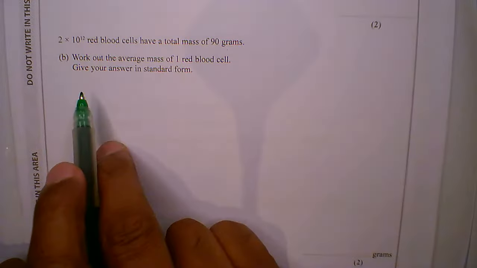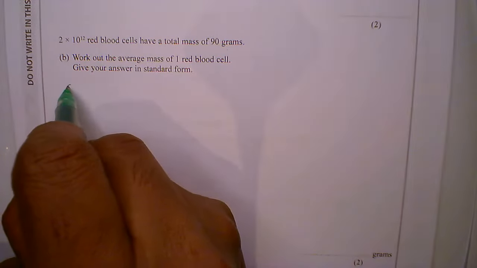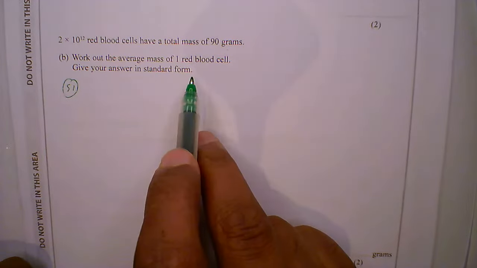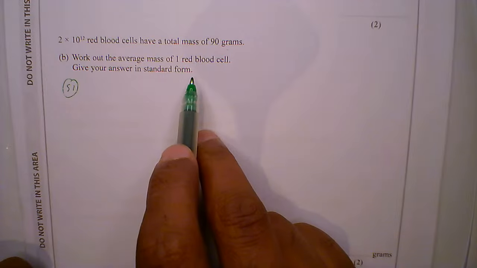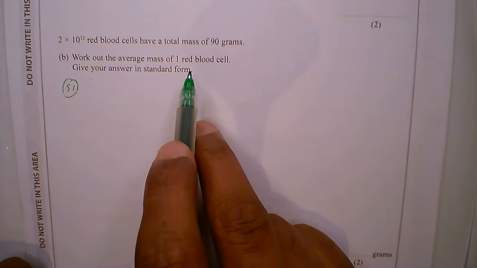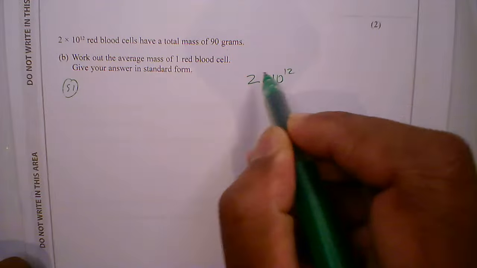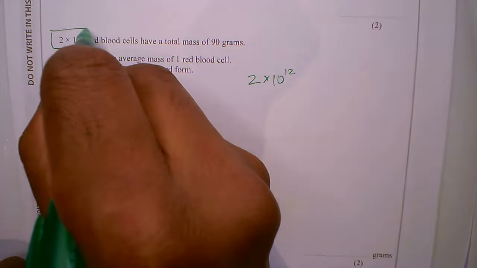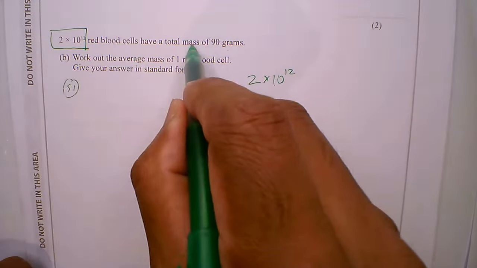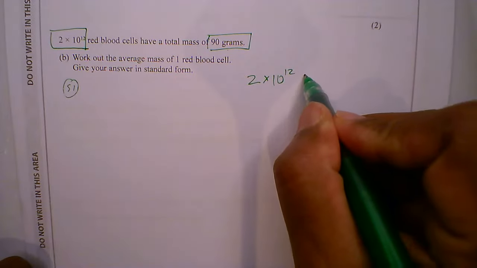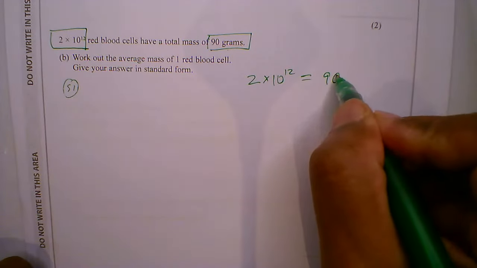Okay, so step 1 is to work out what goes where. So let me just first of all write this out. 2 times 10 to the power 12 red blood cells have a total mass of 90 grams.